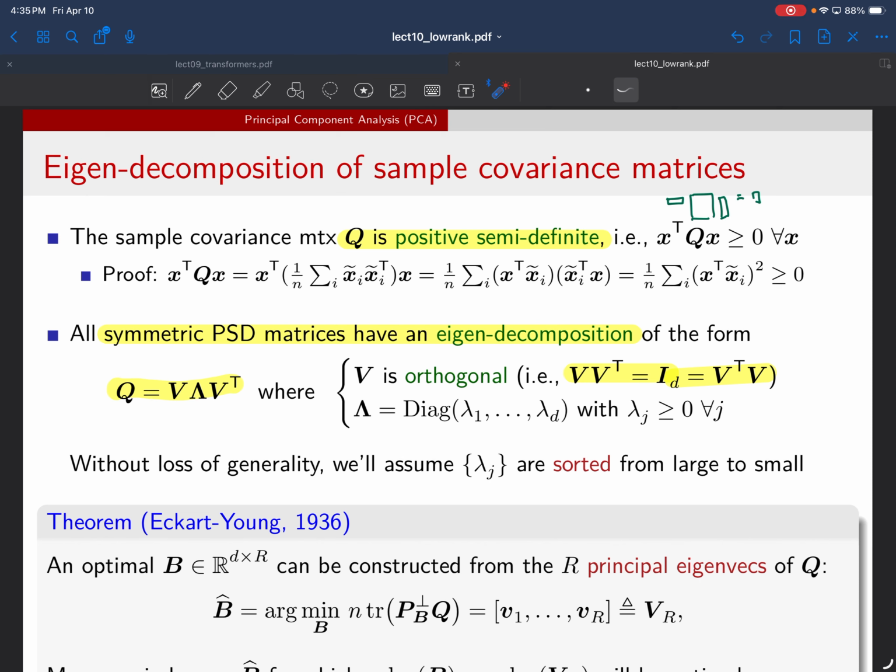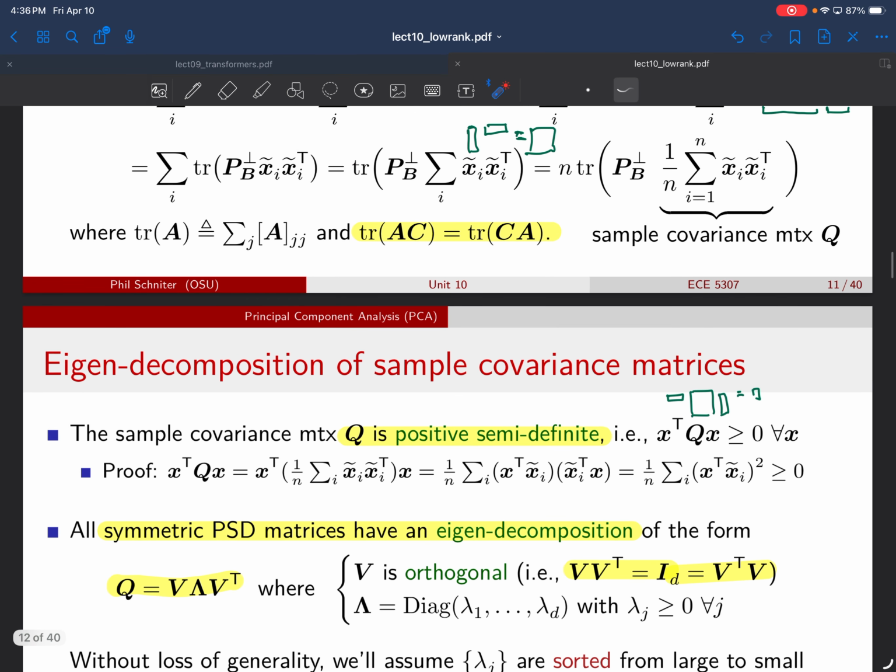The symmetry is what gives you these real numbers, and the positive semi-definite property is what gives you this non-negative aspect of it. Okay, so now we have this very important structure for our covariance matrix, and we can examine how that plays a role in here.